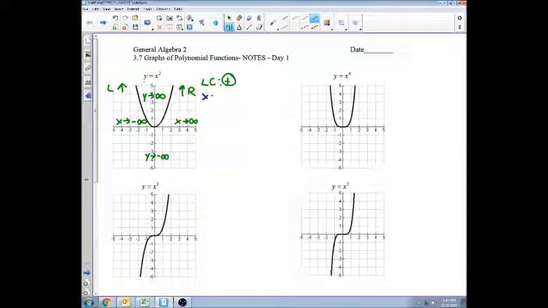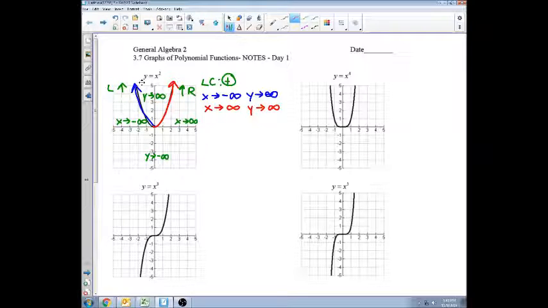So as x approaches negative infinity, it just means as my graph moves to the left, what did my y do? It approached positive infinity. What about as my x moved to the right? As my x approached positive infinity, my y went up, so it approached positive infinity.